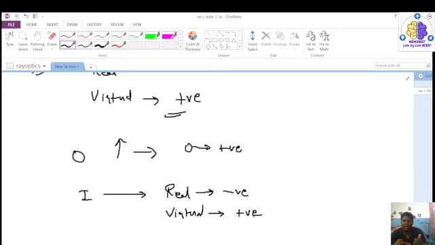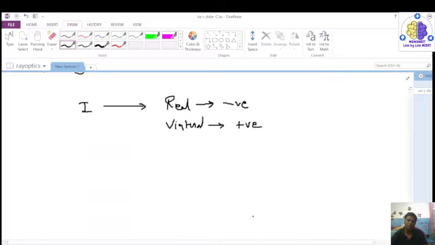Focal length for a concave mirror is negative, whereas for a convex mirror it is positive. Object distance is always negative. Image distance is negative for real images and positive for virtual images. Object height is always positive, and image height will be negative for real images and positive for virtual images. This is your sign convention.